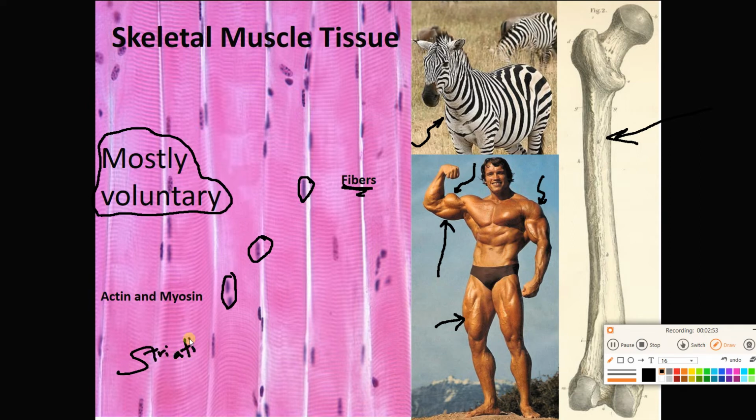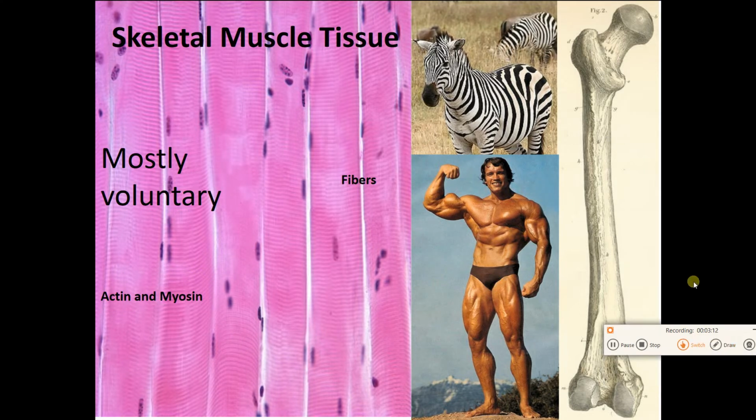And the striations result from the orderly repeating arrangement of the two proteins involved in contraction, which are known as actin and myosin. So more on them later. Okay, that is our overview of skeletal muscle.